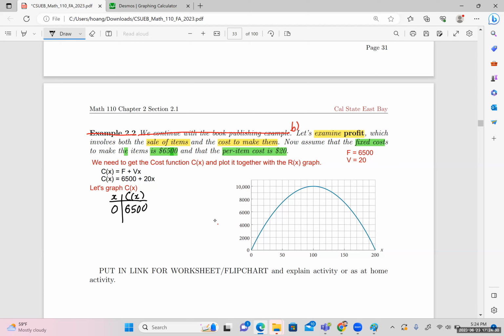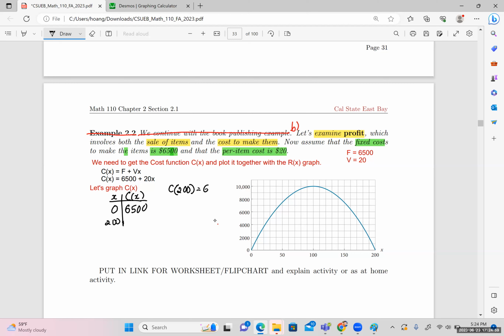And I will use the maximum value for x where the revenue becomes 0, which is 200, and plug it into the cost function, right?